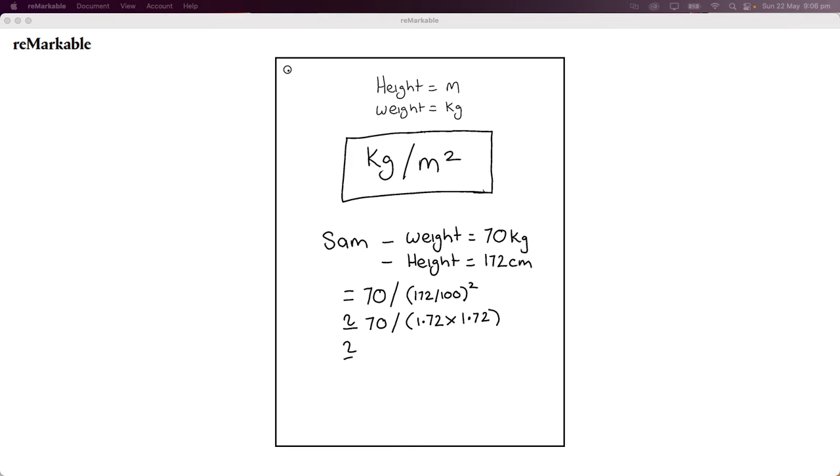So here we go. We've got 70 divided by 1.72 by 1.72, which equals 2.95 or 2.96 rounded up. And then we go 70 divided by 2.96, which gives us our BMI: 23.648.